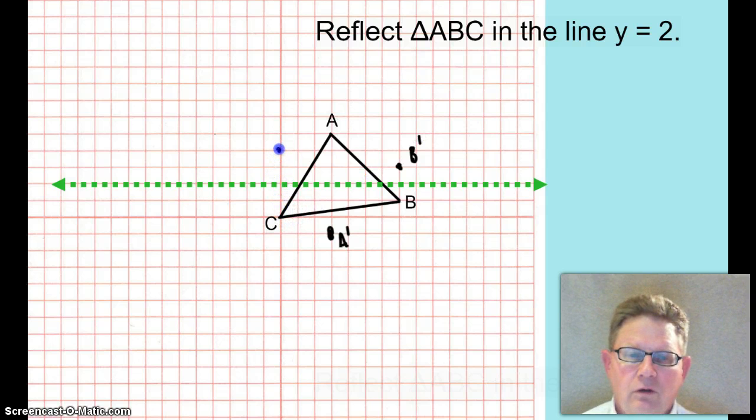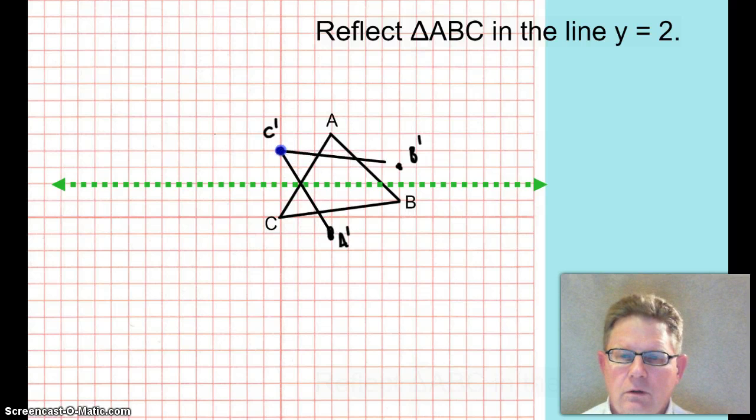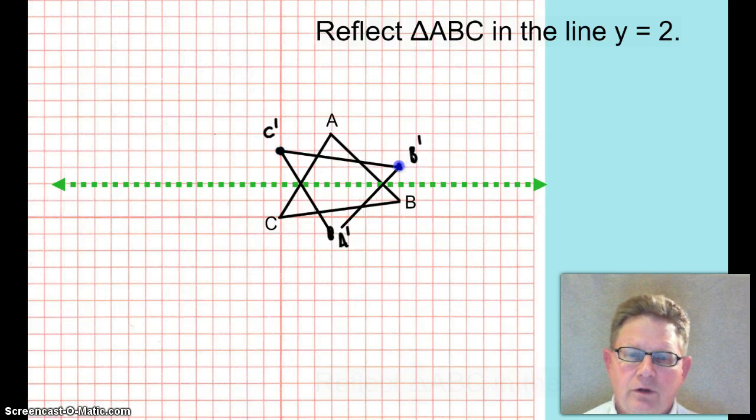C prime will also be 2 away. C prime. So your triangle A prime, B prime, C prime will have a reflection that looks something very similar to that right there. Okay, that's how you reflect a triangle.